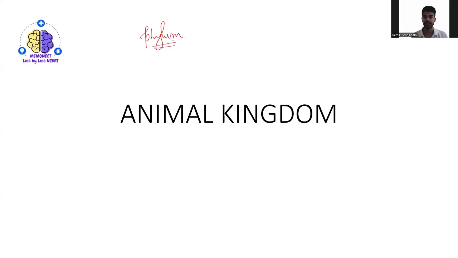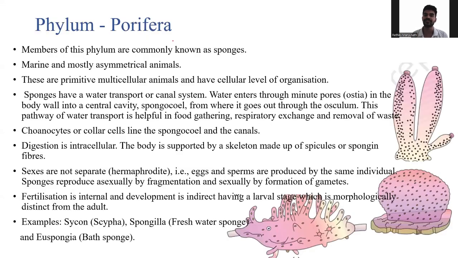That is what we are going to study in this video lecture. The very first phylum is phylum Porifera. Do you have any idea about phylum Porifera? Members of this phylum are called sponges because their appearance is somewhat sponge-like.